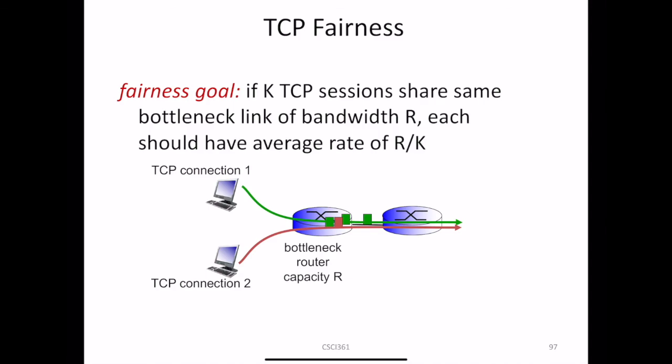Which means if we have K TCP connections and the bandwidth of the link is R, each TCP connection can use a bandwidth equal to R divided by K. So that's TCP fairness.